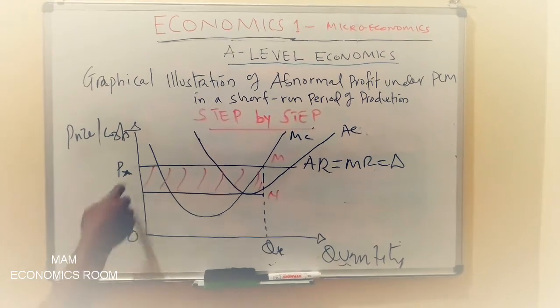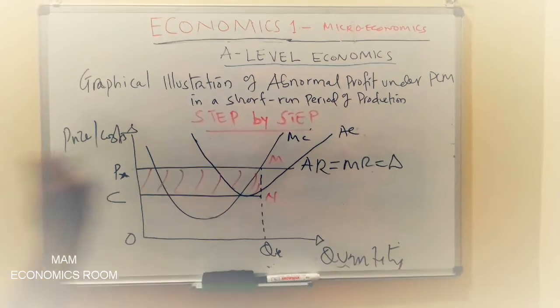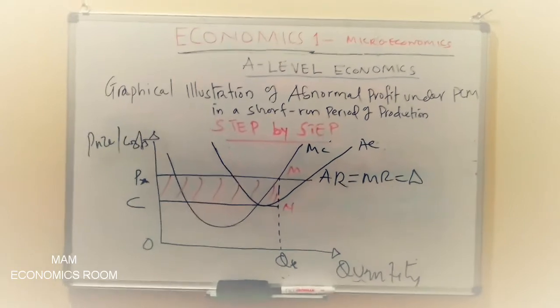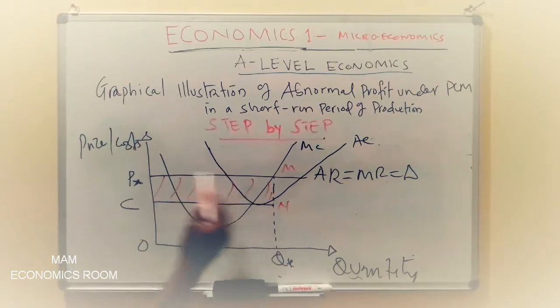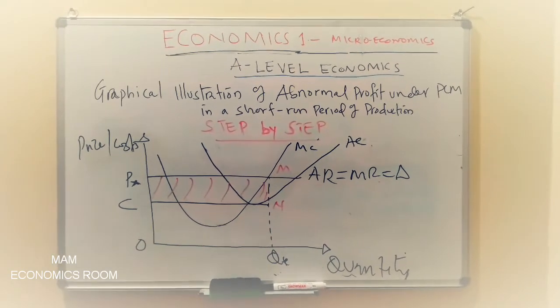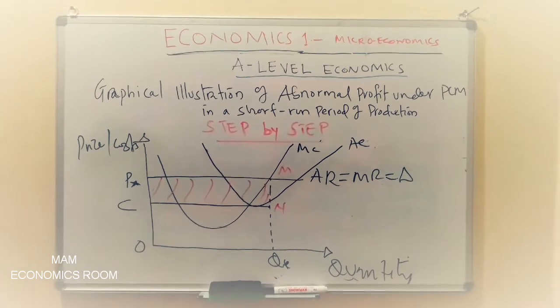The shaded area PCMN represents the portion of supernormal profit or abnormal profit. Remember, I said before, the difference between the average cost curve and average revenue, the space over there, represents the abnormal profit or supernormal profit. So the thing is very simple.